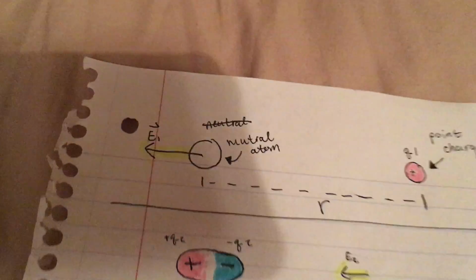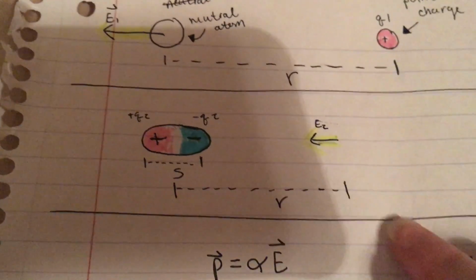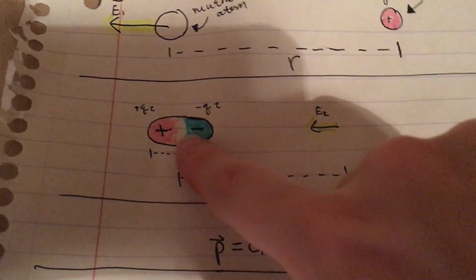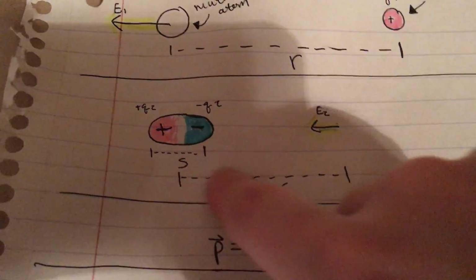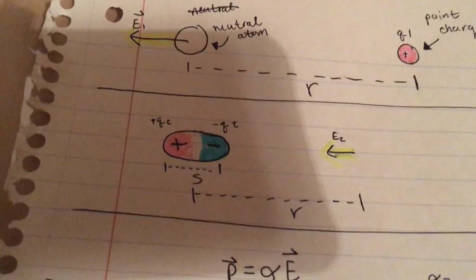Let's start with the electric field of the point charge creating an induced dipole. So we have our electric field and our dipole, S being the distance between our dipole, r still the same.